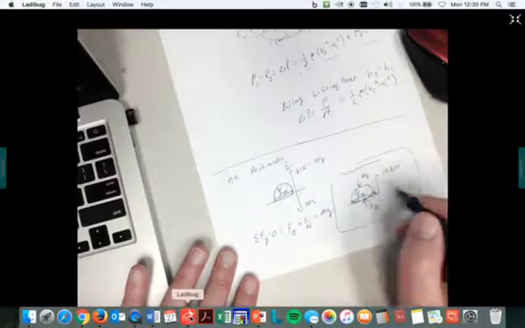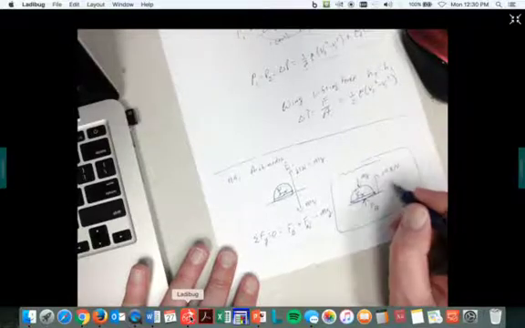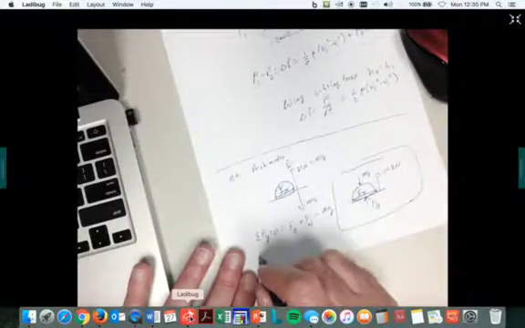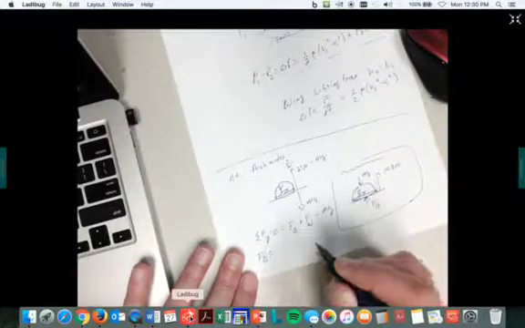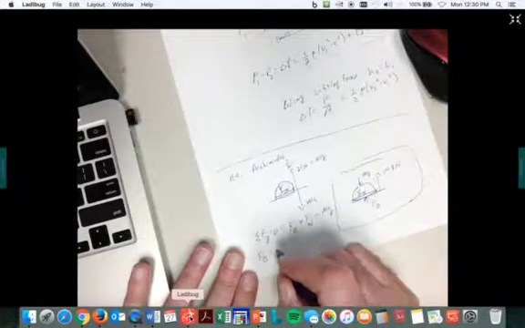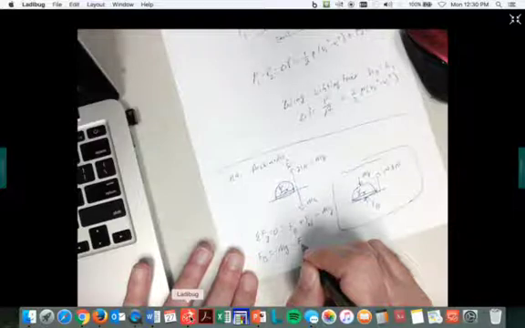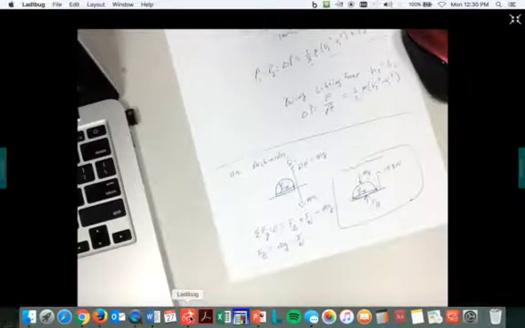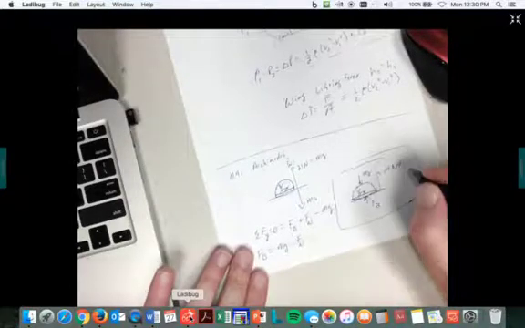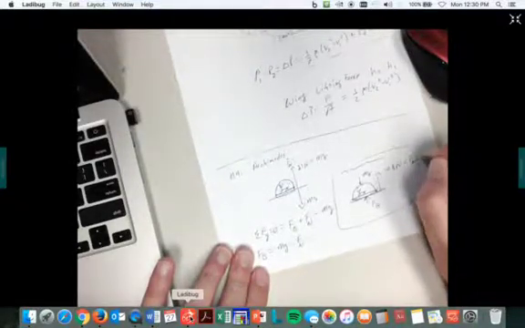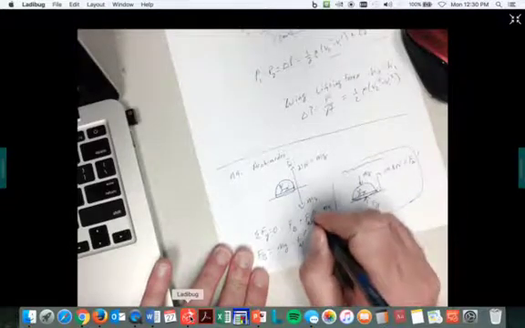Piece of cake. We've got everything we need because they told us the normal force. So we know that the buoyant force is equal to mg minus the new normal force. This is the normal force in water, so I'll put a tick on that, like that.